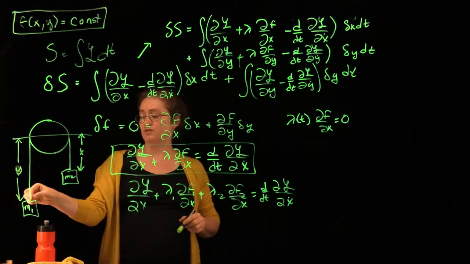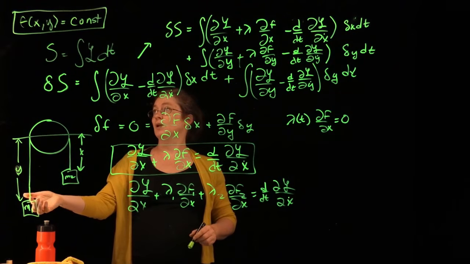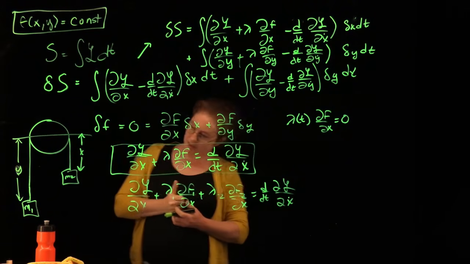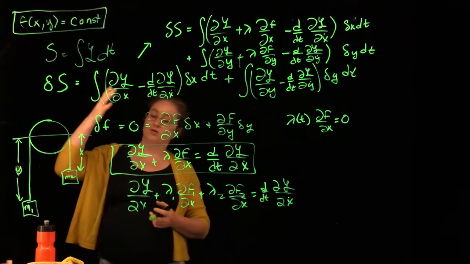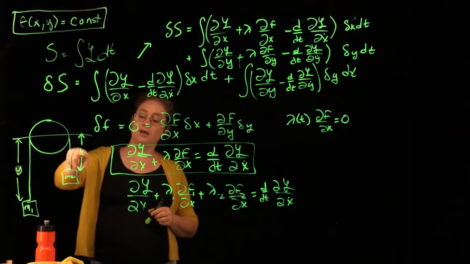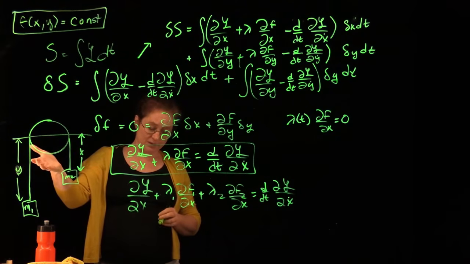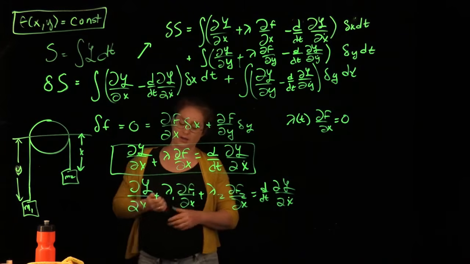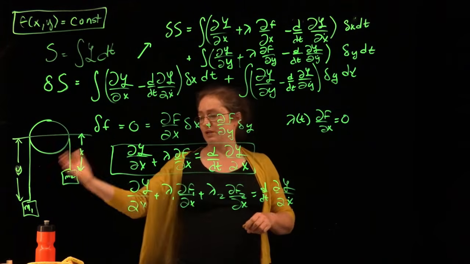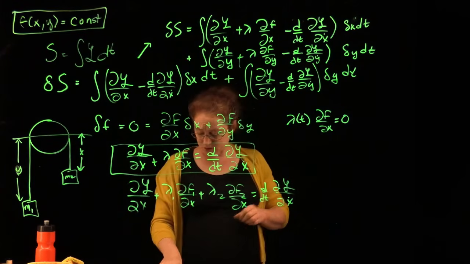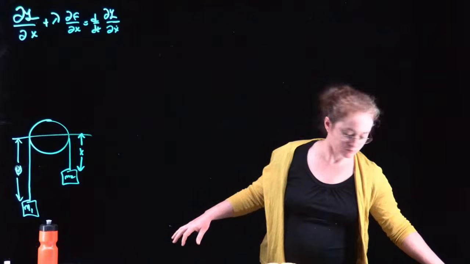You have the length of the string, which gives you one constraint. So in that case, you would get three unknowns: x, y, and the tension in the string. Because you have three equations and three unknowns, you can solve that problem. All right, so we will move on to that example.